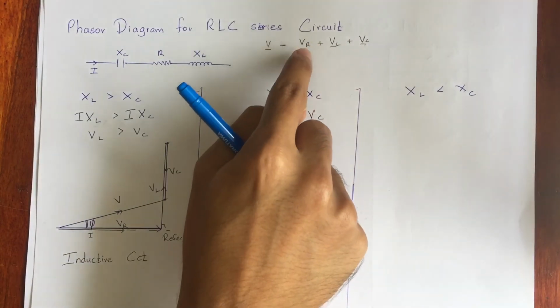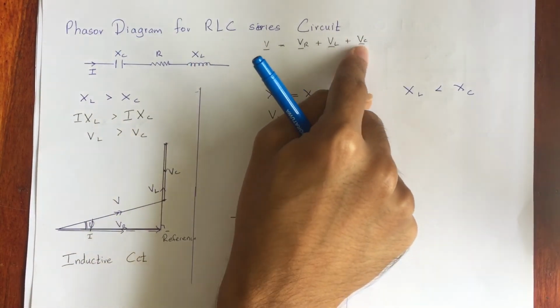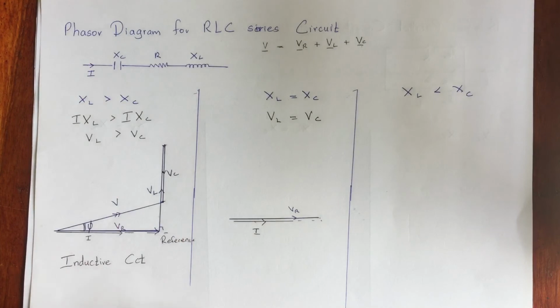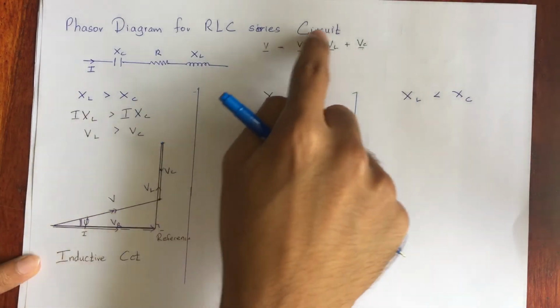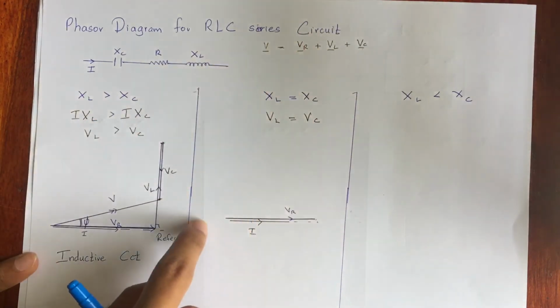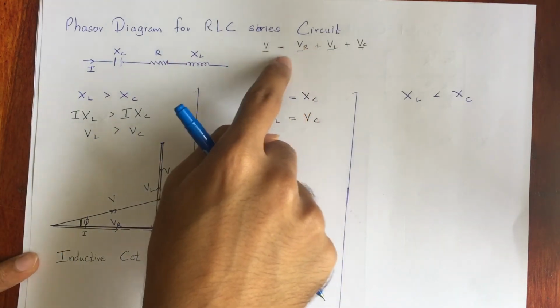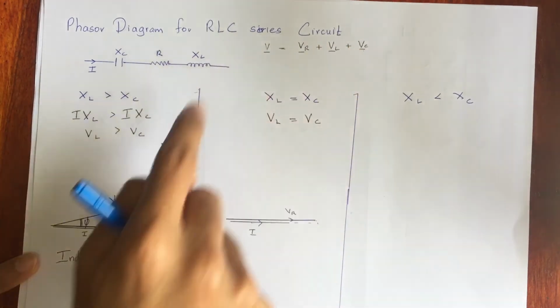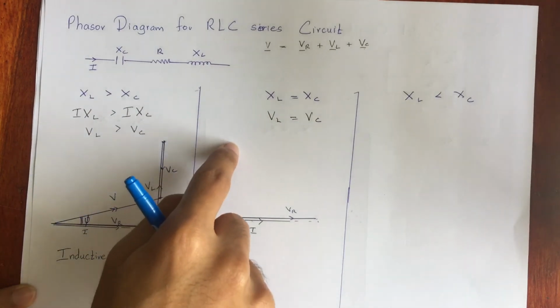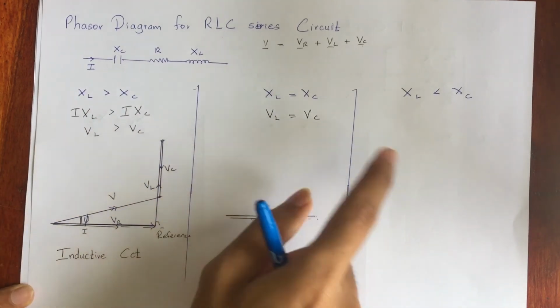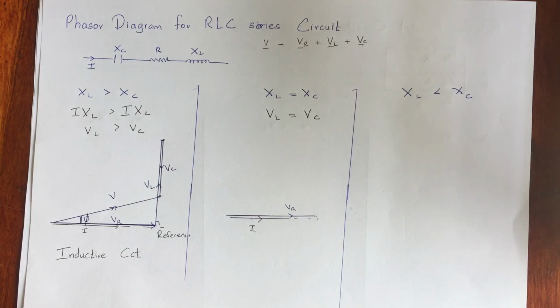You can draw this VR first and you can draw the VC second. You can draw in any direction. As this is a vector, you should follow these three in order. If you write it like VL plus VR plus VC, you can start from VL, next draw VR, and after that draw VC and find the resultant. So you can move in any directions in any orders too.